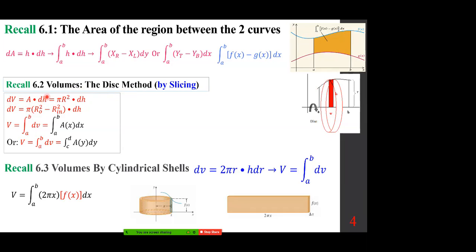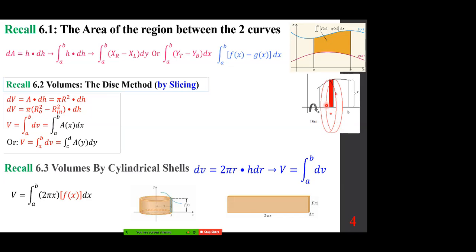The area is the area of the disk, which is a circle, so it's pi r squared. dh is the thickness, which gives rise to its volume. That is obviously either dx or dy. And then all you have to do is figure out what r is.